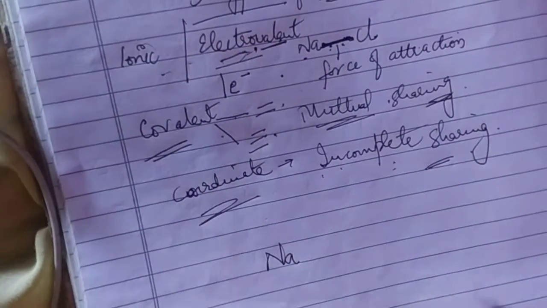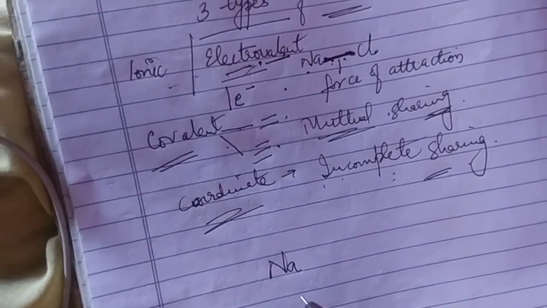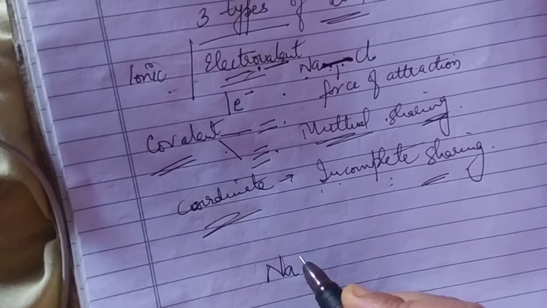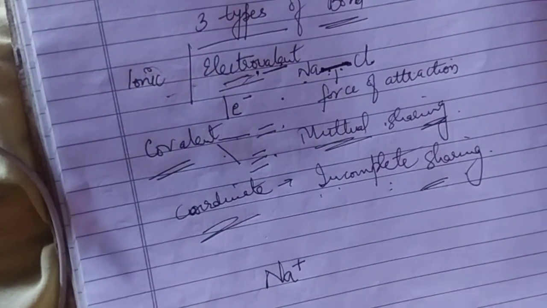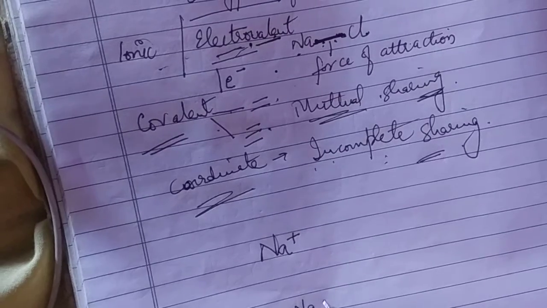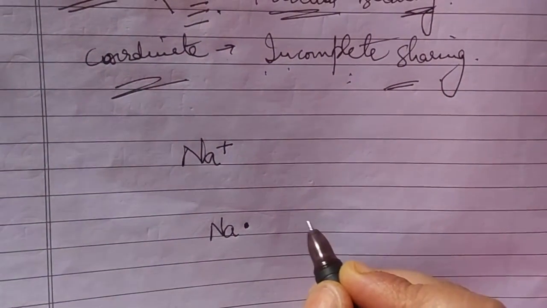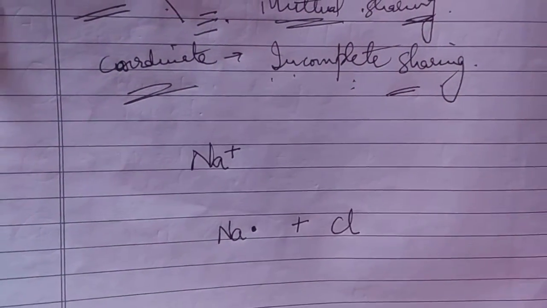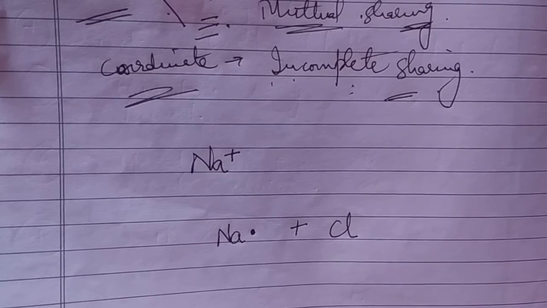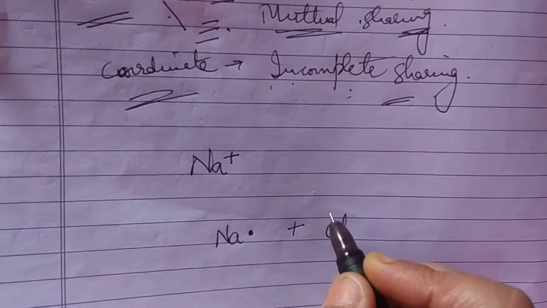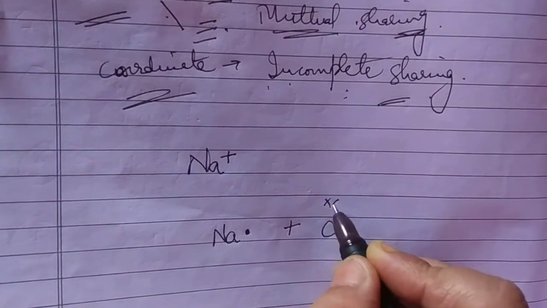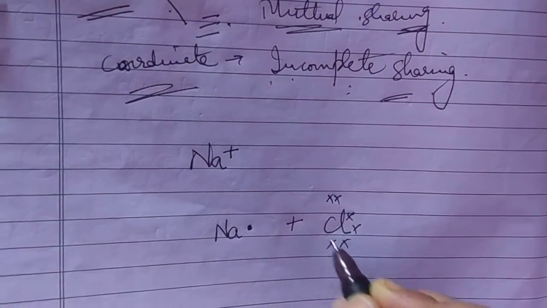If I have sodium metal, it is a metal, and its valency is +1. So sodium has one electron in the outermost shell. Clear? When I react it with chlorine, which is a non-metal that exists in gaseous state, it has 7 electrons in its outermost shell.